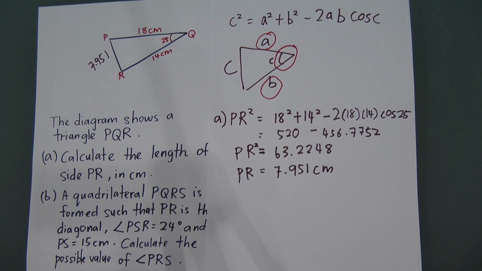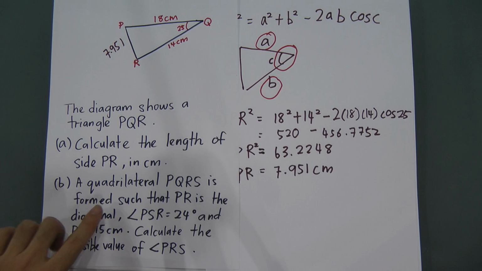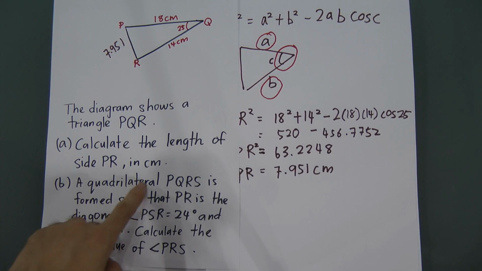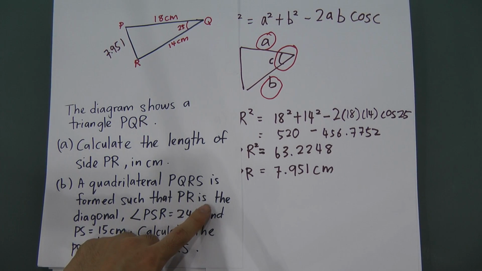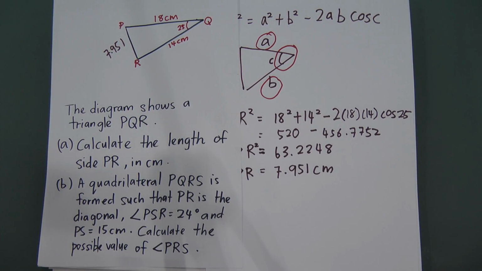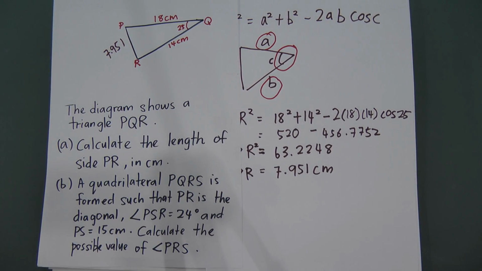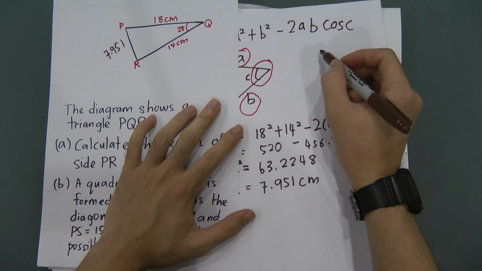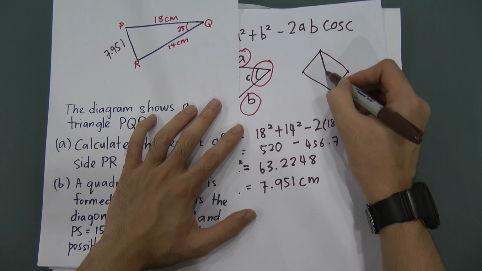After that you want to do part B. What he says in part B is, a quadrilateral PQRS is formed such that PR is the diagonal. What is the meaning of diagonal? Diagonal is the line that helps to cut the quadrilateral into half.